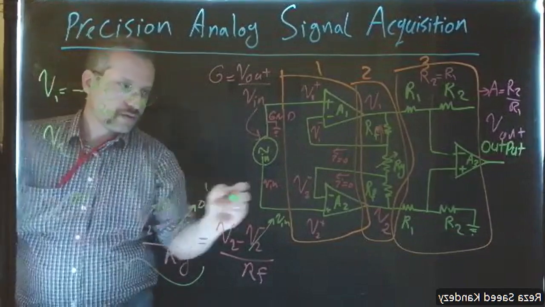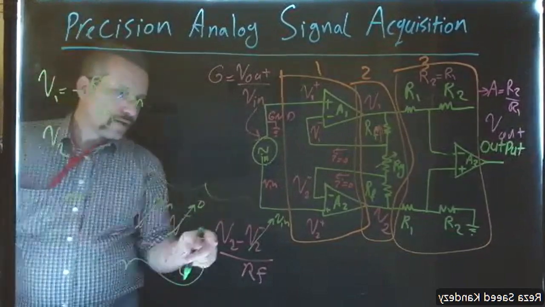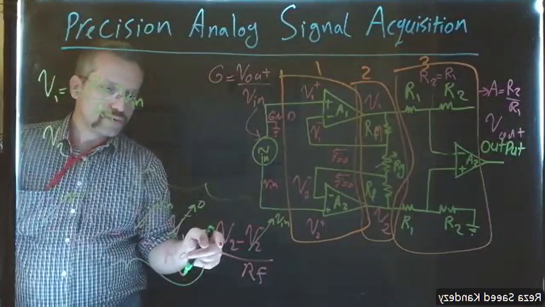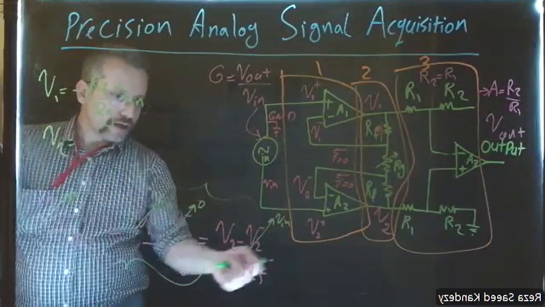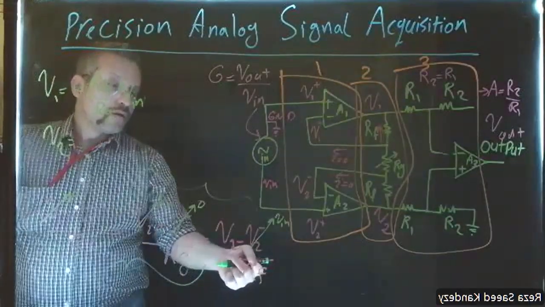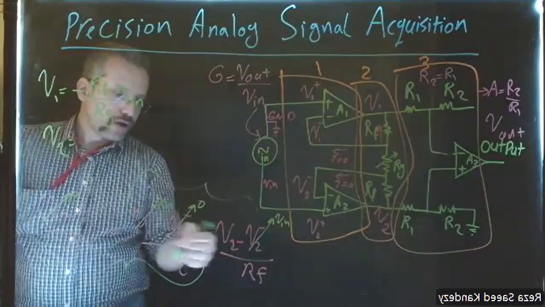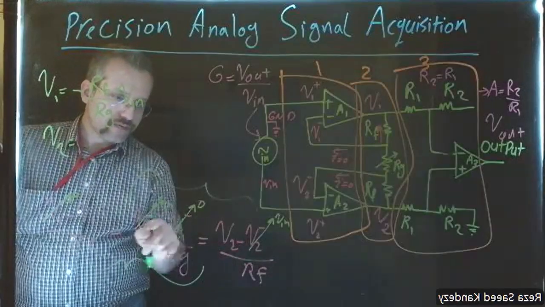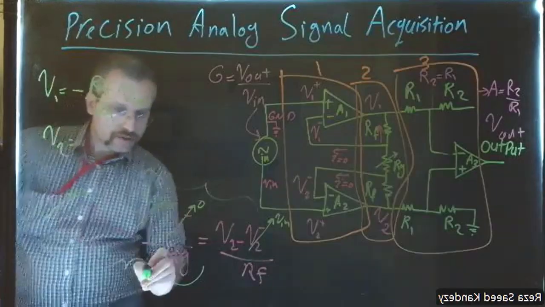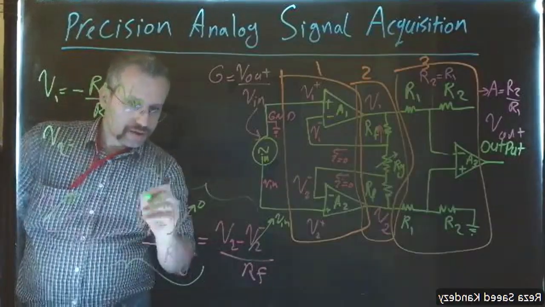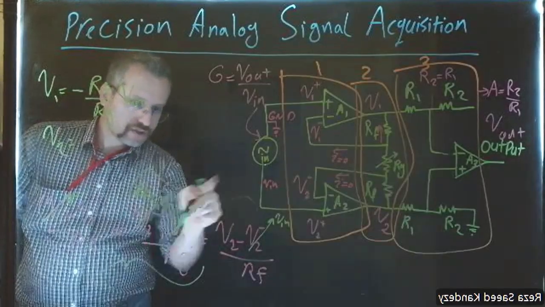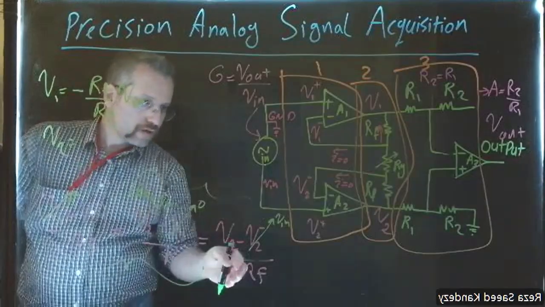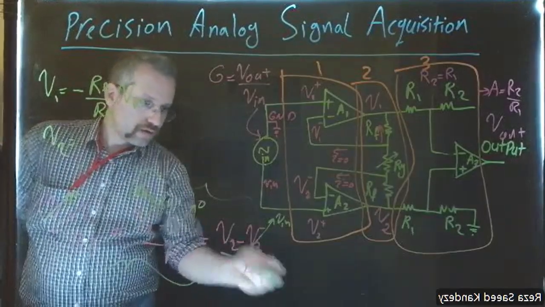Let's talk about this part. V2 is equal to, we have to multiply everything by RF. So it becomes RF times V in. This is 0, we don't care, so this will be gone.